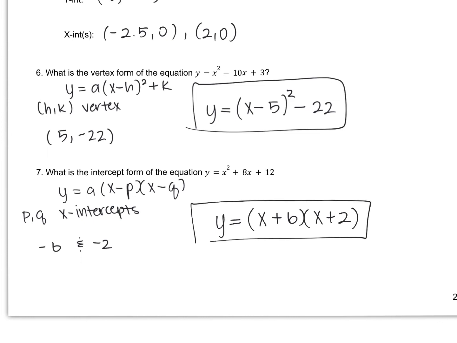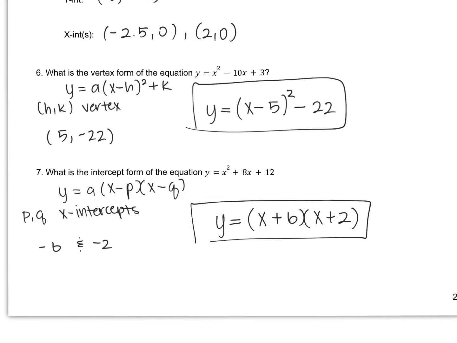Because x-intercepts are the values when y is 0, how I get them is, if it were in factored form, I would take the factors x plus 6 and x plus 2, set them equal to 0, and solve for x. And that's how I get -6 and -2. In this form, if I'm going to use factoring, I have to find numbers that multiply to 12 and add to 8.